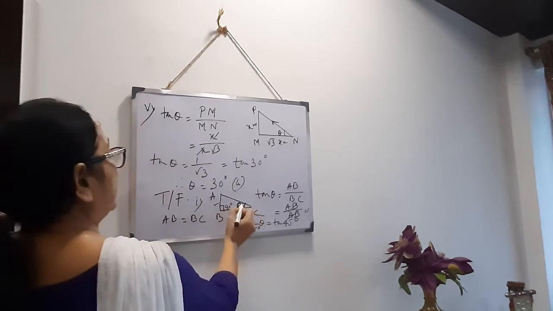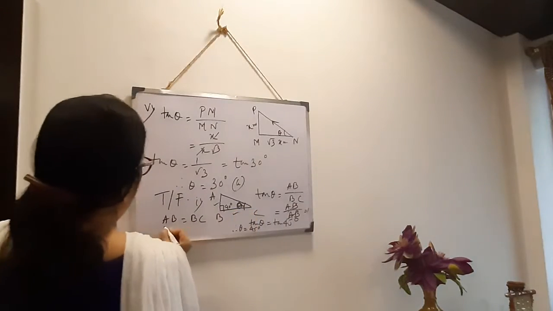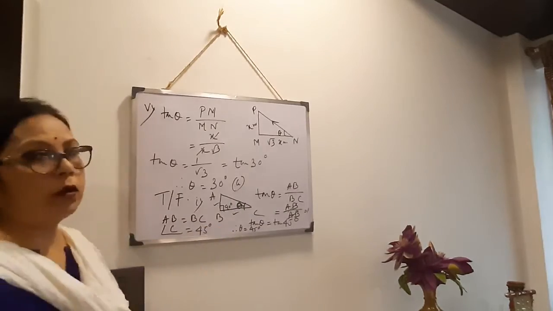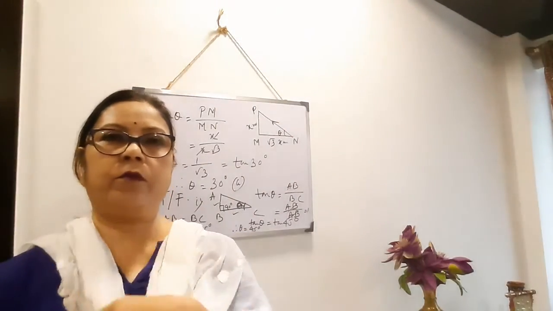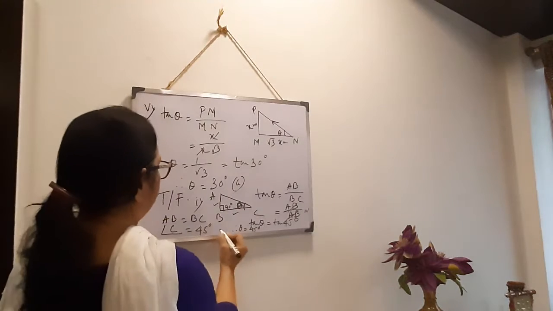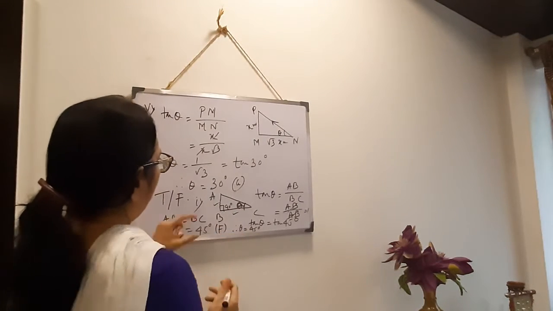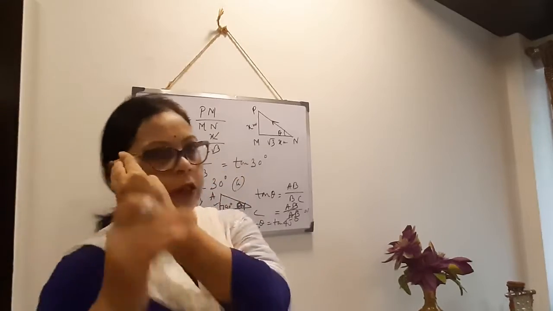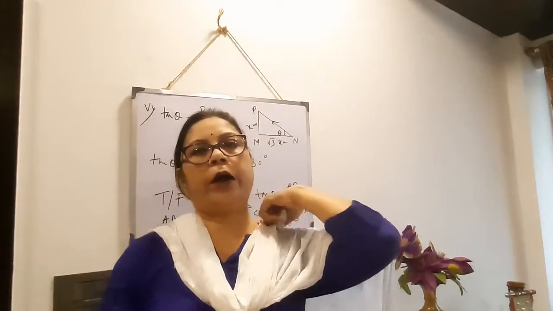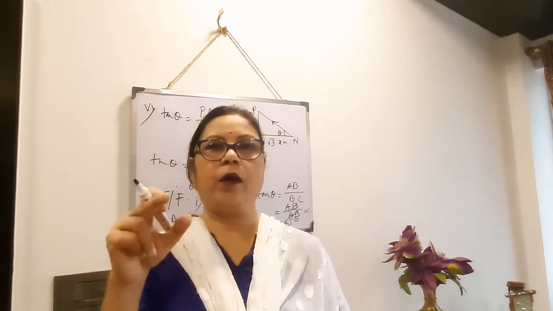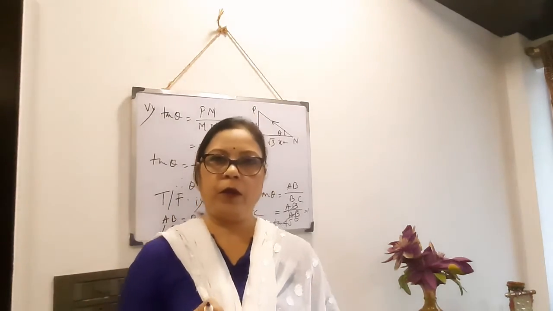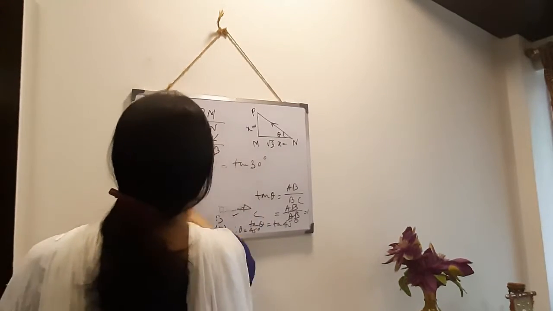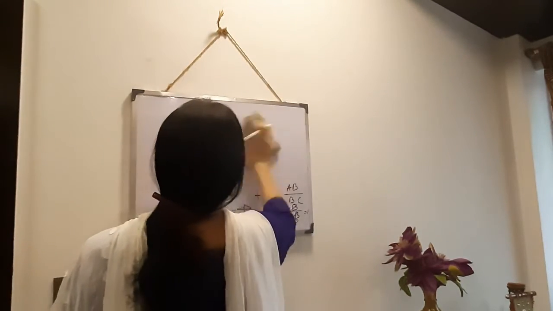We have considered theta as which angle? Angle C. So my angle C is coming 45 degree. It is not 60 degree as they have given. So it is false. First answer is false. Clear? You will keep it in mind: when the length of the object and the length of the shadow are equal, then the angle of elevation will be 45 degree only. Okay. Now number 2. True false number 2.